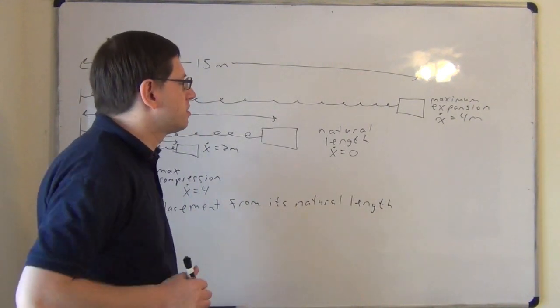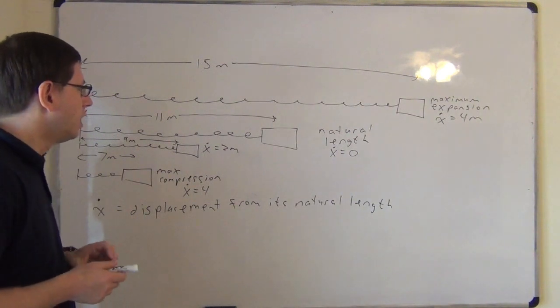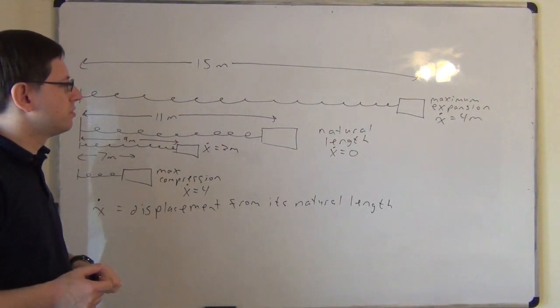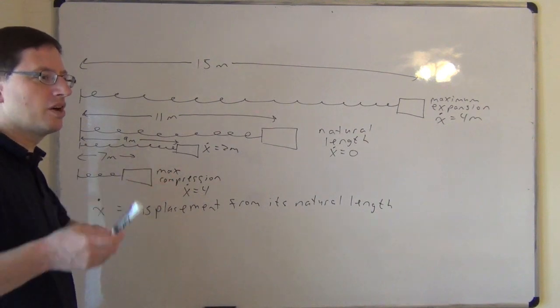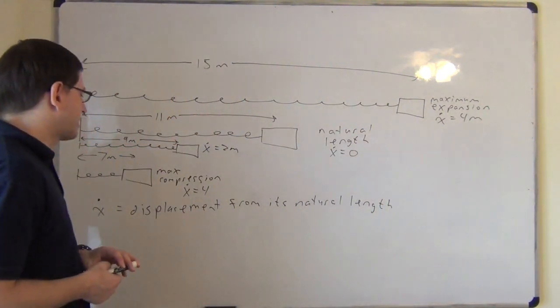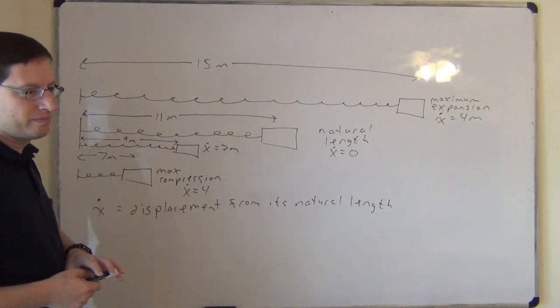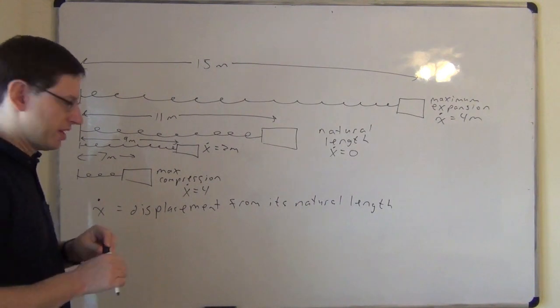Now another concept that's important for oscillations is amplitude. So what would you say is the amplitude of this oscillation? 4? That's the right answer. So what does amplitude mean? The amplitude is the maximum x, which means it's the maximum displacement from the natural length.